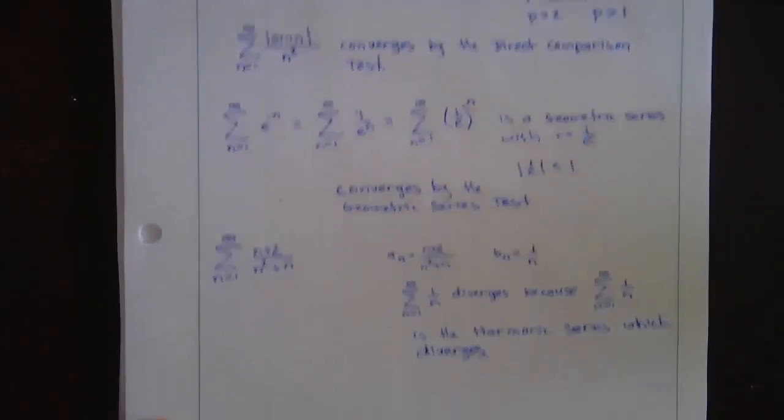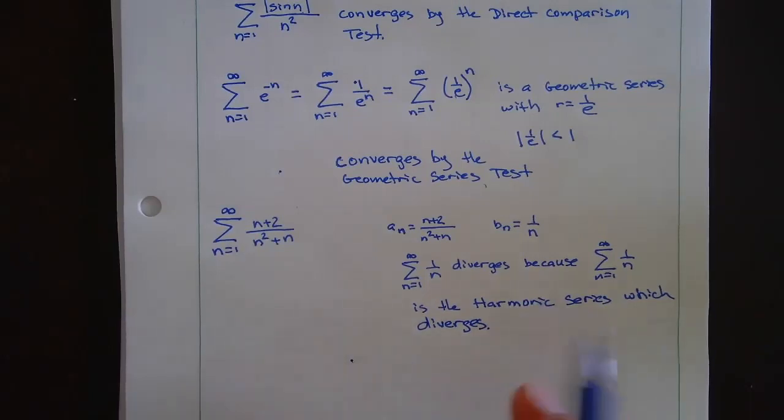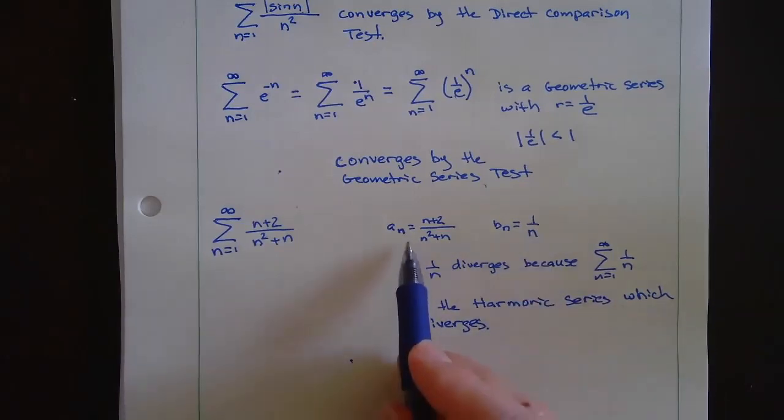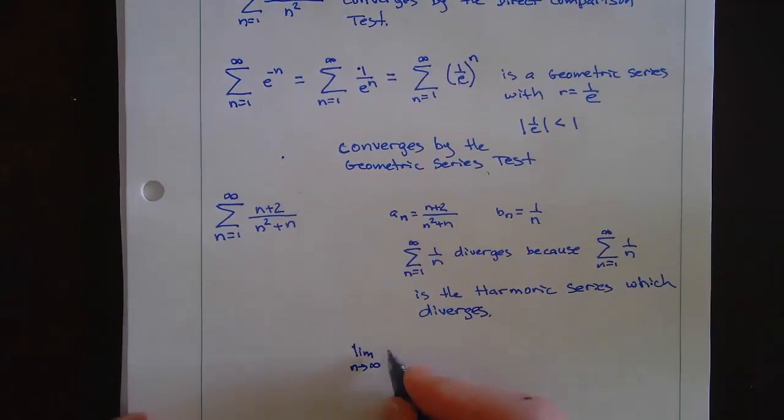The limit comparison test says that if we get a limit out of this and it's a positive, actual value, then whatever this one's doing, the other does the same thing. So we're going to take the limit as n goes to infinity of a sub n over b sub n.